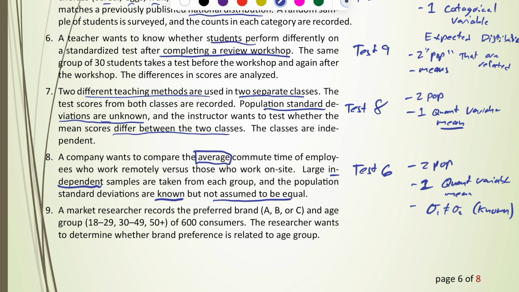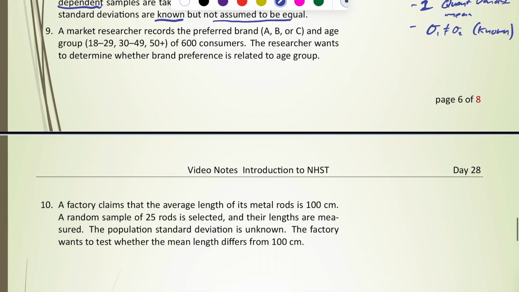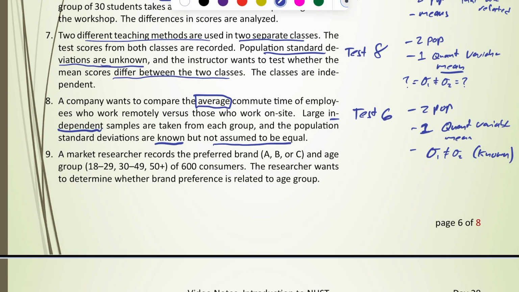So that's test 6. With test 8, sigma 1 is not equal to sigma 2, and both of them were not known.